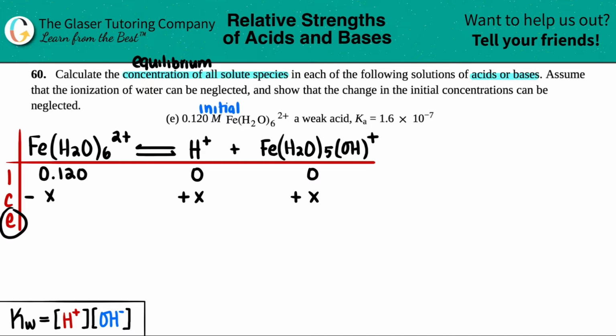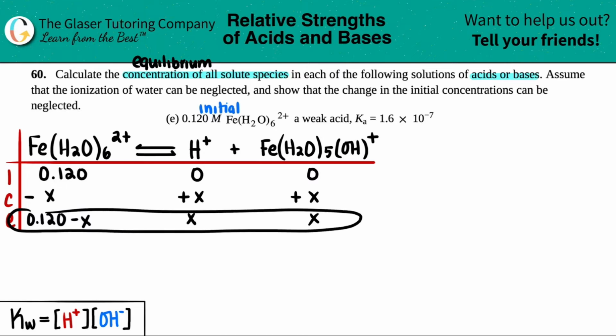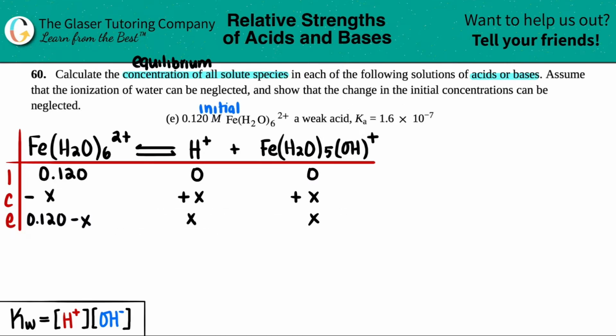E stands for equilibrium. This is where you pull your initial and your change together. So 0.120 minus x is 0.120 minus x. 0 plus x is just x. 0 plus x is just x. Now we're ready to go. We input our equilibrium line into our Ka formula. And remember, from the equilibrium chapter, Ka equals products divided by reactants.